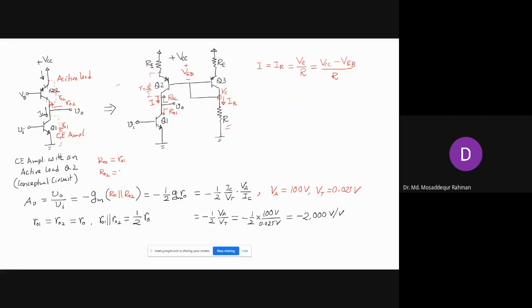That will be r0 2 times 1 plus gm2 times RE in parallel with r pi 2. So that will be the total output resistance R02.